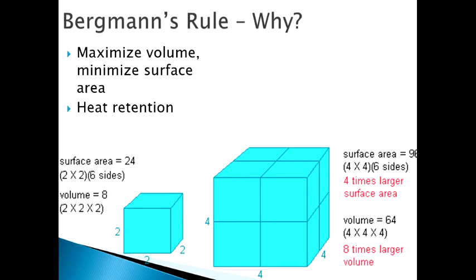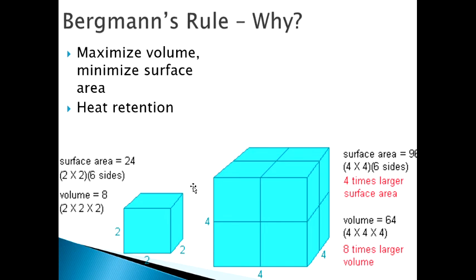The why for Bergman's rule, it typically is said to be an issue of maximizing the volume while minimizing the surface area. Doing that means you retain more heat. And so just the standard box example comparing volume and surface area.